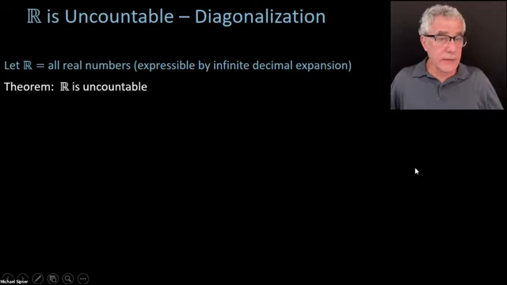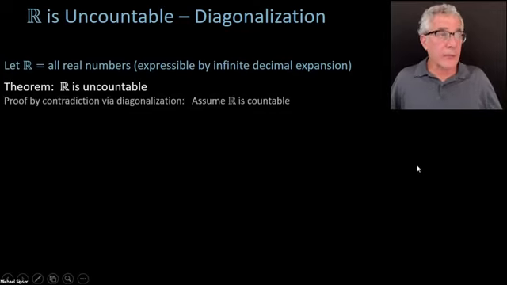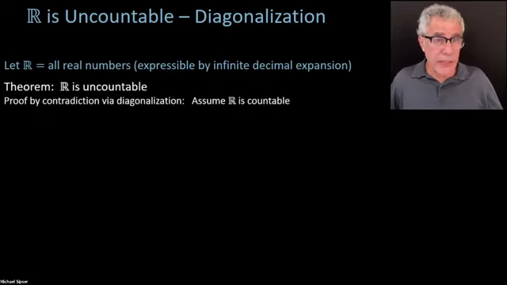The theorem, discovered by Cantor, is that R is an uncountable set. The reason I'm introducing this is, besides that I think it's interesting and has some relation to the kinds of things we're doing, that for the purposes right now it's to introduce this method called diagonalization.